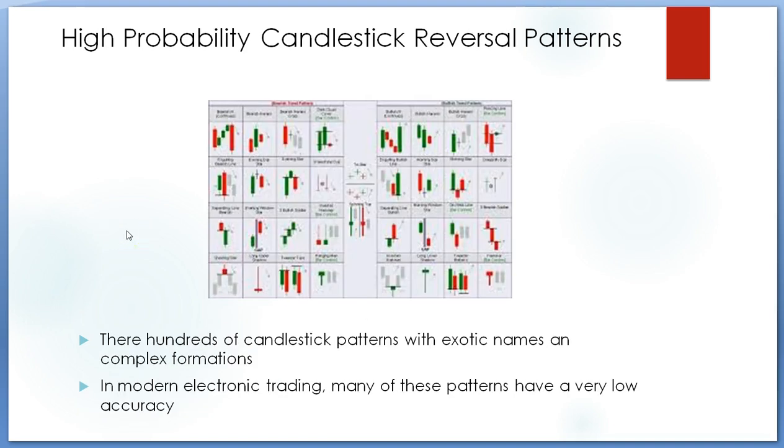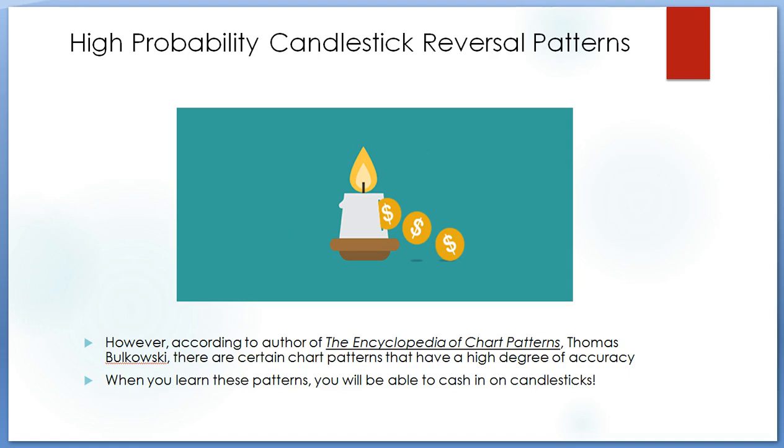Now, there are hundreds of candlestick patterns with exotic names and complex formations. In modern electronic trading, many of these patterns have a very low accuracy. However, according to the author of the Encyclopedia of Chart Patterns, Thomas Bulkowski, there are certain chart patterns that have a high degree of accuracy.